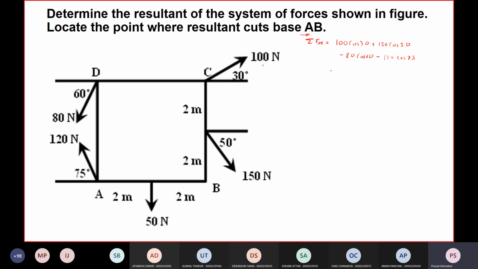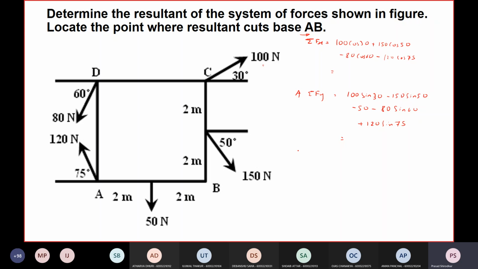Okay, so that is the summation Fx, and summation Fy, vertically upwards positive, will be 100 sine 30 minus 150 sine 50 minus 50 minus 80 sine 60 plus 120 sine 70.